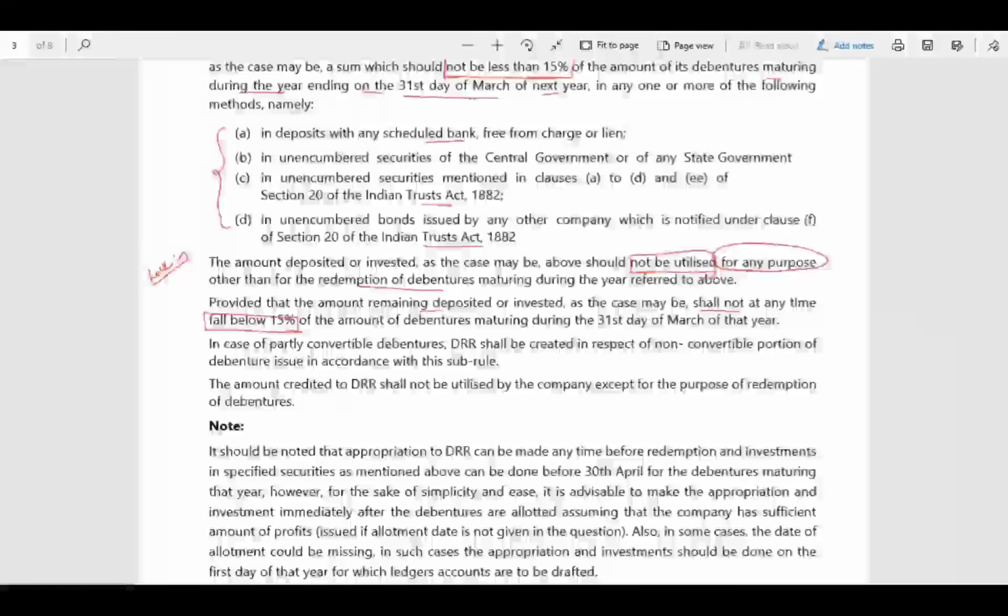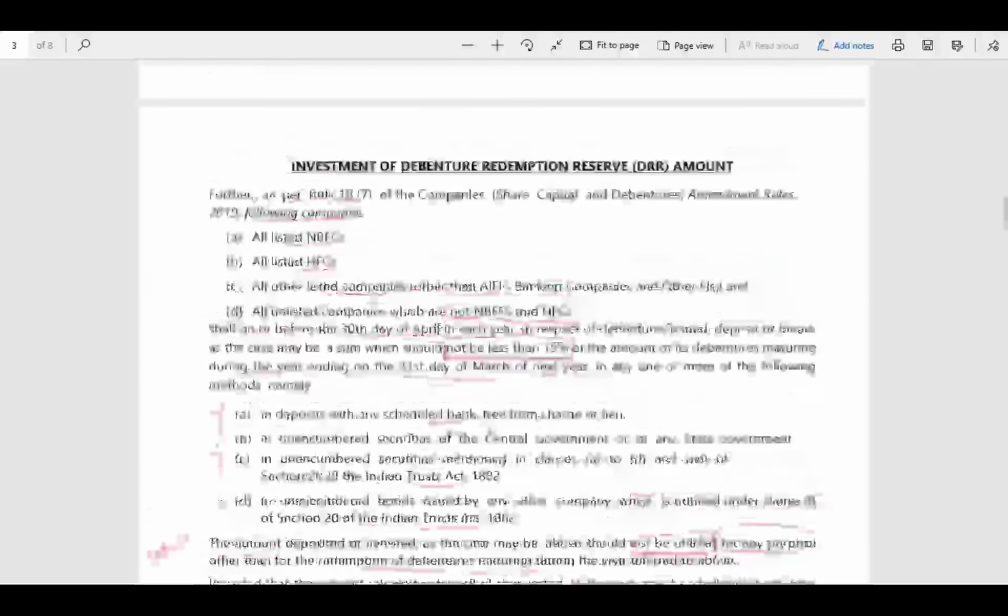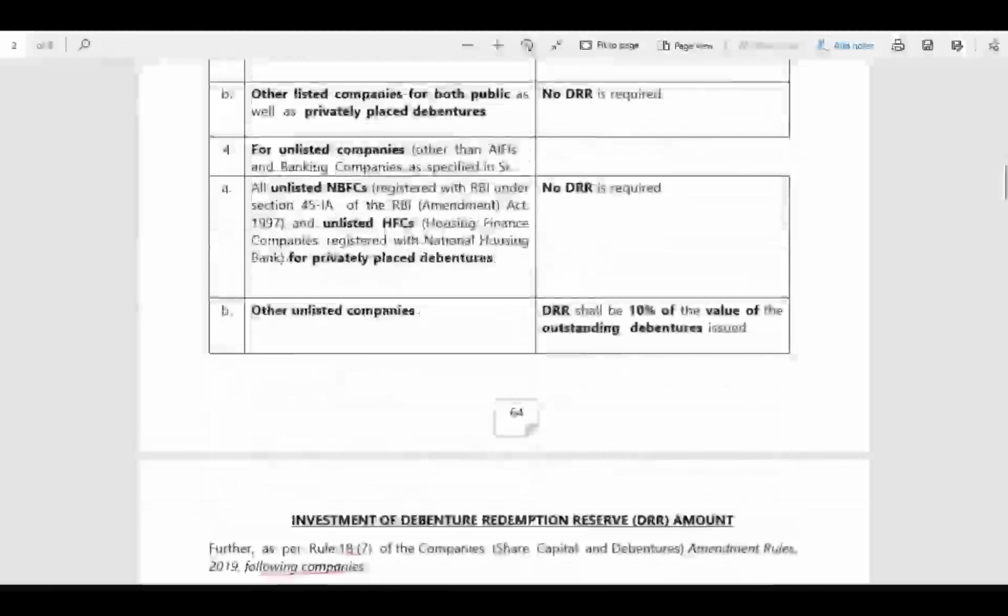In case of partly convertible debentures, DRR shall be created in respect of the non-convertible portion of the debenture issue in accordance with this sub-rule. Now suppose, in a previous case, my dear friends, DRR is supposed to be created at 10% of debenture value.